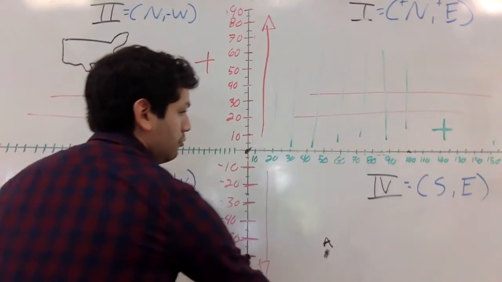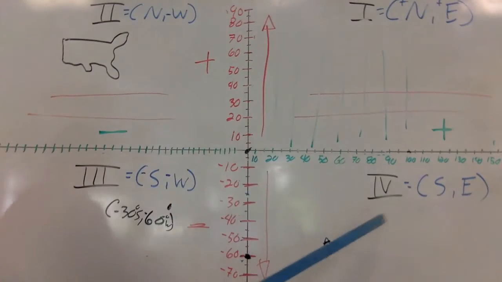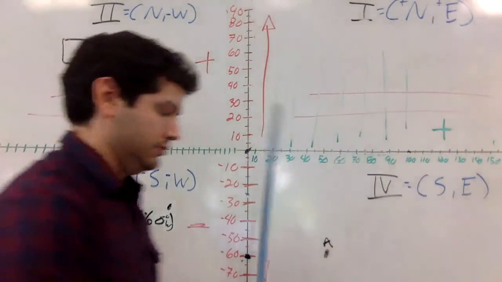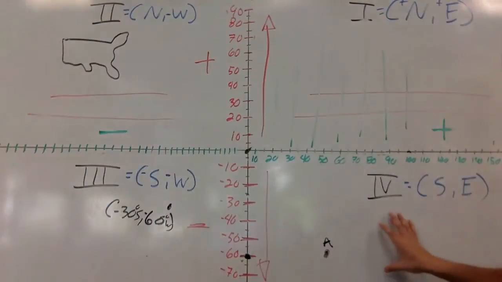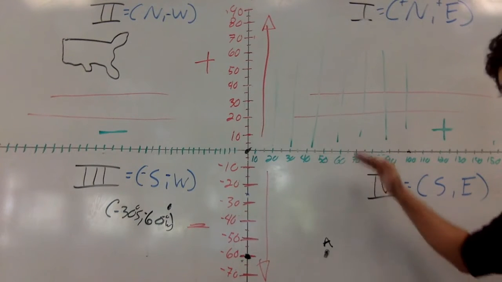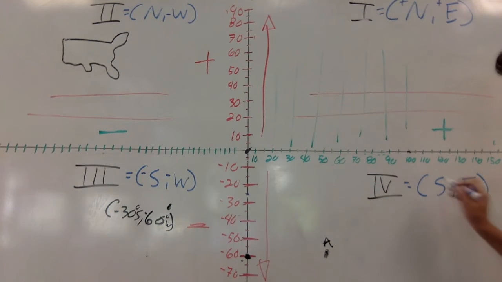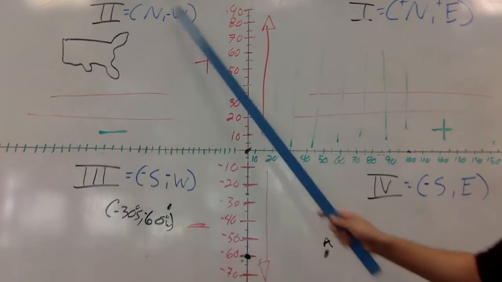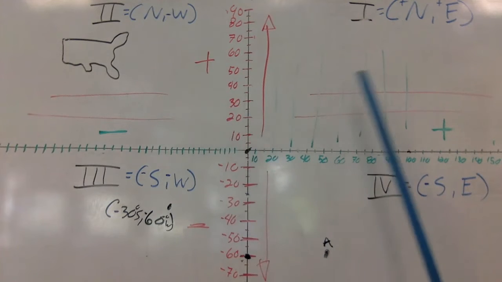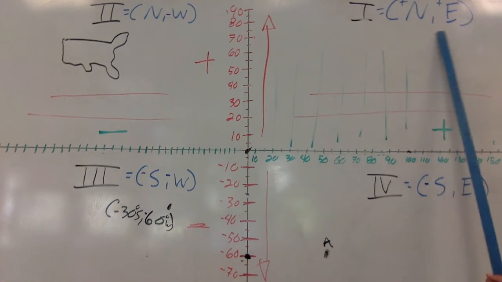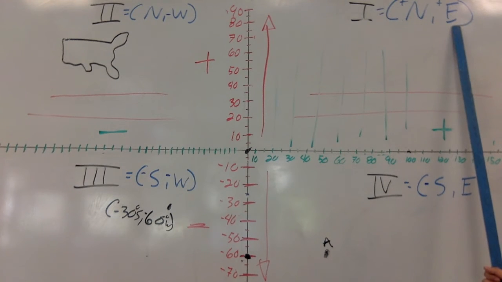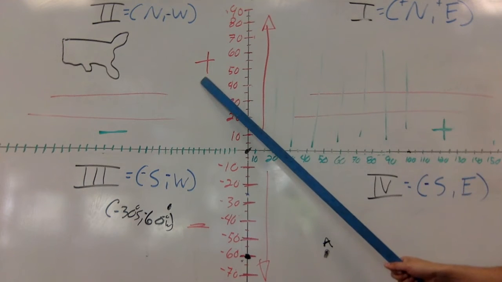Okay. So once we move over to quadrant 4, we're still in the southern hemisphere. We're still down here, so my south is still negative, but we're no longer on the west side. We're back in the east. And as we already said, east is positive.